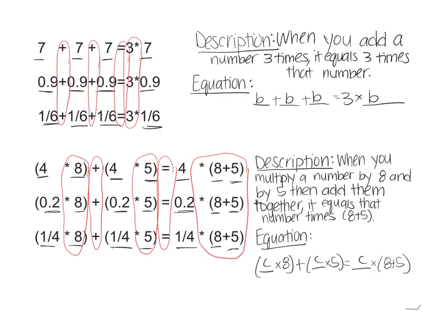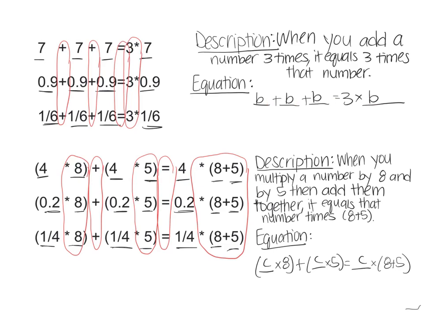So here are the answers that you should have had for the 2 problems. For this one here, our description should be something like this. When you add a number 3 times, it equals 3 times that number. So you should have picked a letter and used the same one for each one of these spots.